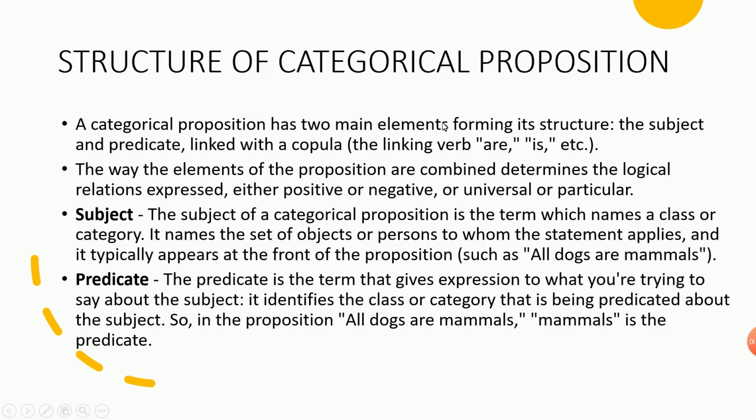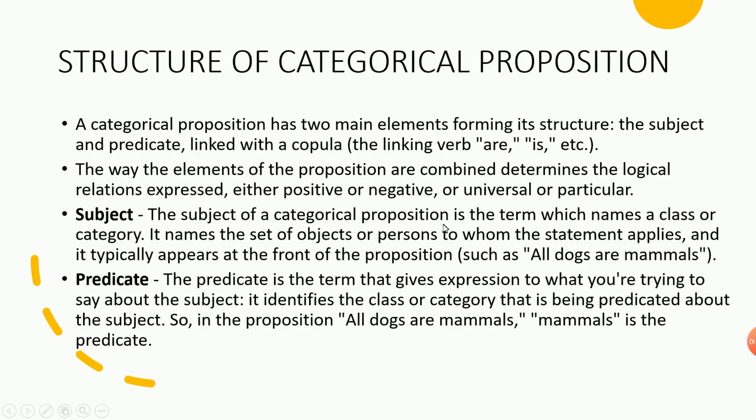So they have shown, like I said, one is subject, one is predicate, and that is linked with the copula. So here the linking verb, is or are, is the copula. There are four elements that must be present in a categorical proposition. First is the subject.